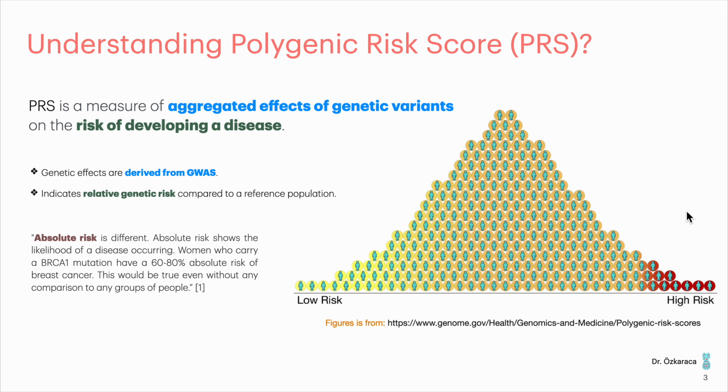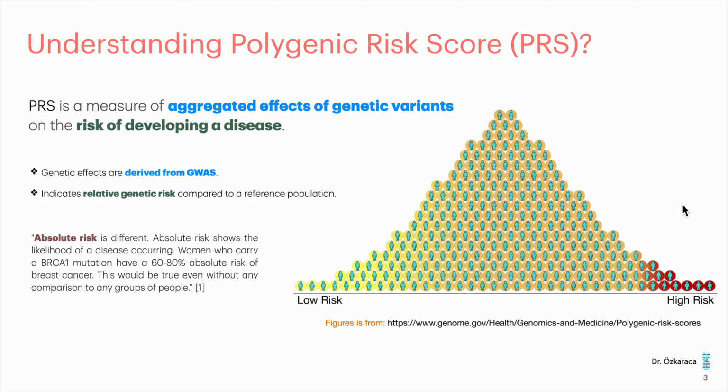And when we say high-risk individuals, this is high-risk relative to a reference population, which is an important remark because this is different than defining an absolute risk. Absolute risk shows the likelihood of a disease occurring. Women, for example, who carry a BRCA1 mutation have a 60 to 80% absolute risk of breast cancer.